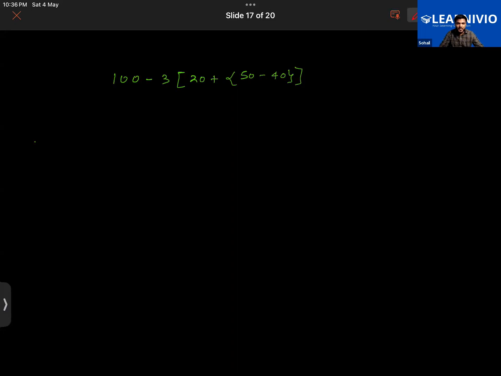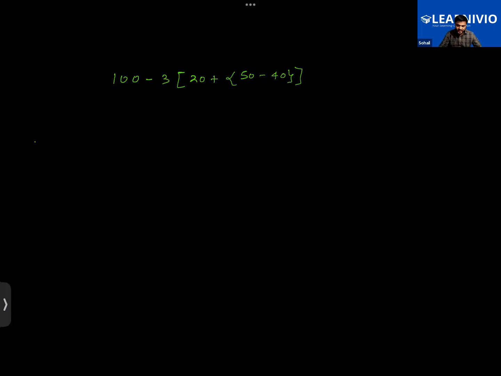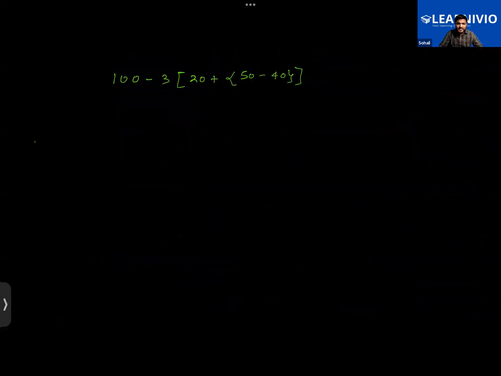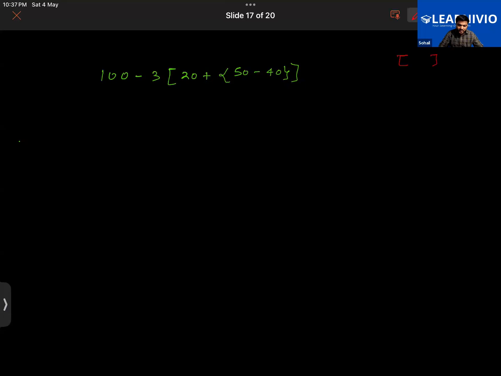You remember we discussed that there are different types of brackets. A square bracket is there. Simply when you look at the question, look at the innermost bracket. Which one is the innermost bracket here? Is it this one or this one?